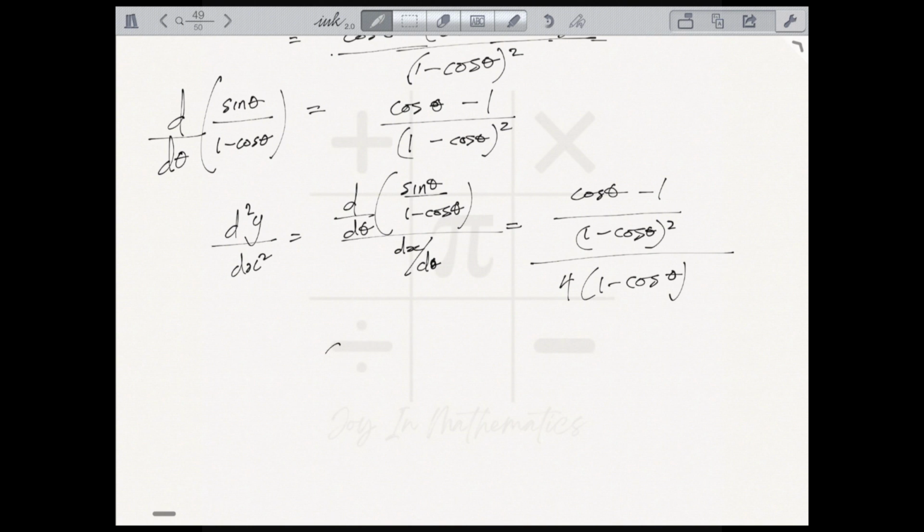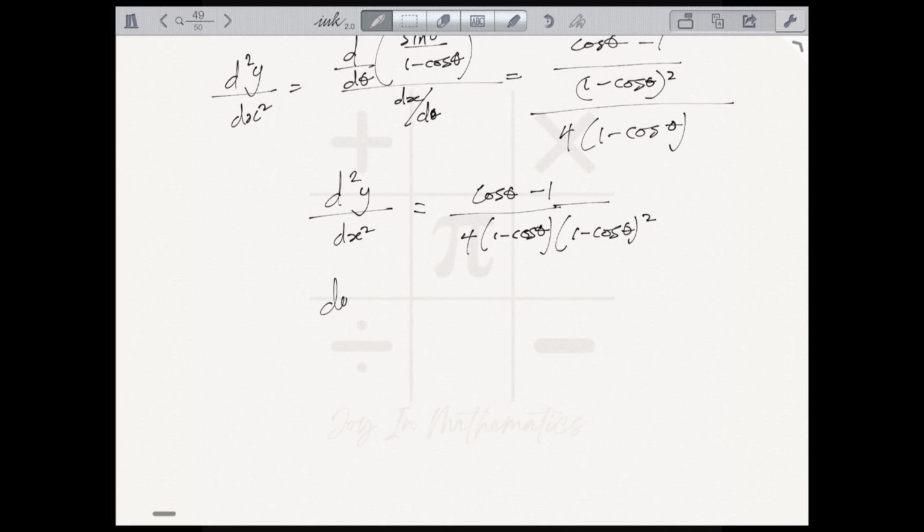Now let's simplify this expression to evaluate d²y/dx², and this will give us (cos θ minus 1) divided by 4 into (1 minus cos θ) multiplied by (1 minus cos θ) squared.